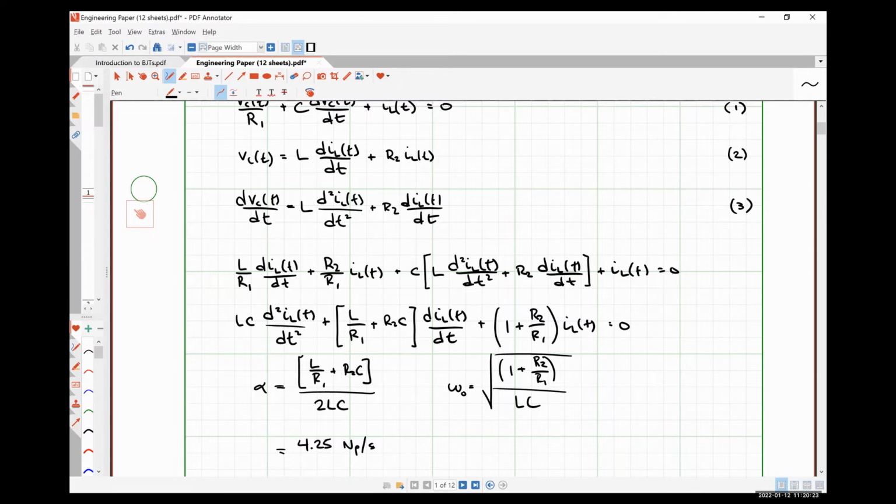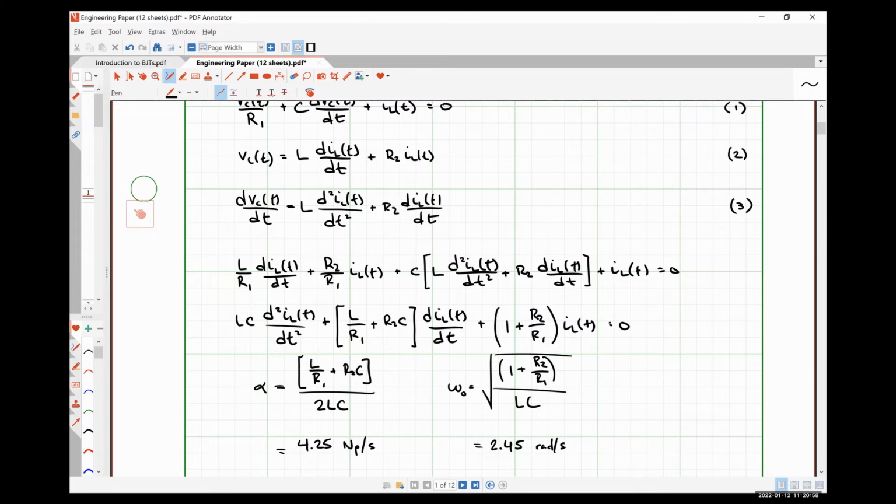I accidentally hit the clear button, so now I have to redo all of that. And I get 2.449, so let's call that 2.45 radians per second.